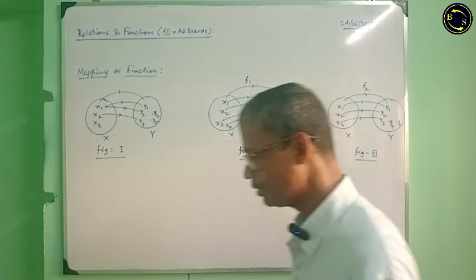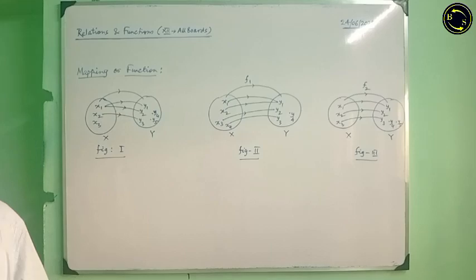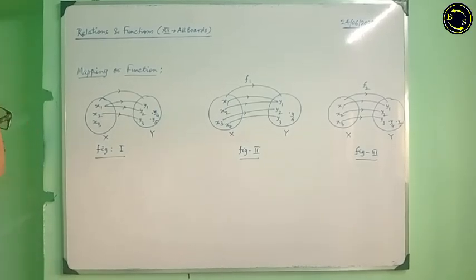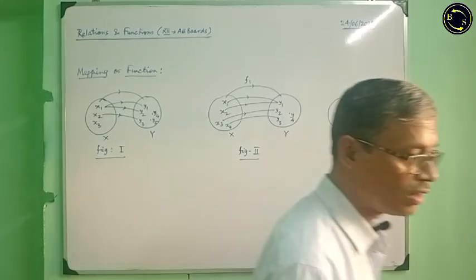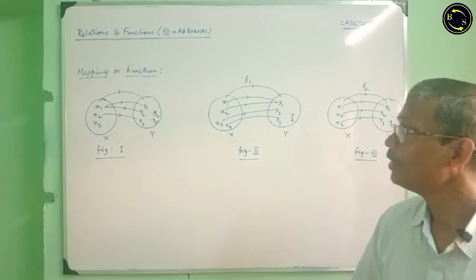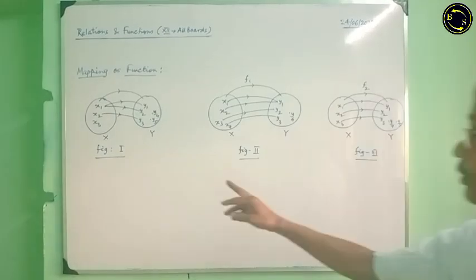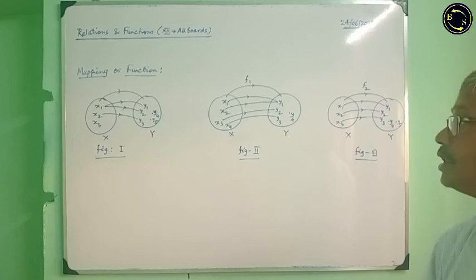Already I have mentioned that I am going to start a special type of relation that is called mapping. First of all, students, you see I have drawn 3 figures.